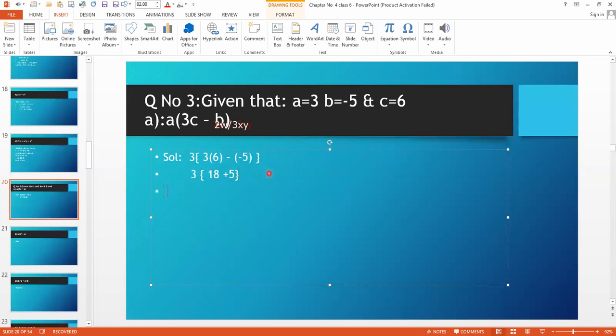Here I have to put the equality sign. Then I have to put 3. Then I have to use the round bracket. 18 plus 5, it becomes 23. Now again, we move towards the next step. Multiply 23 with 3. So its answer is 69. Very easy. Clear? So move towards the next sum quickly.